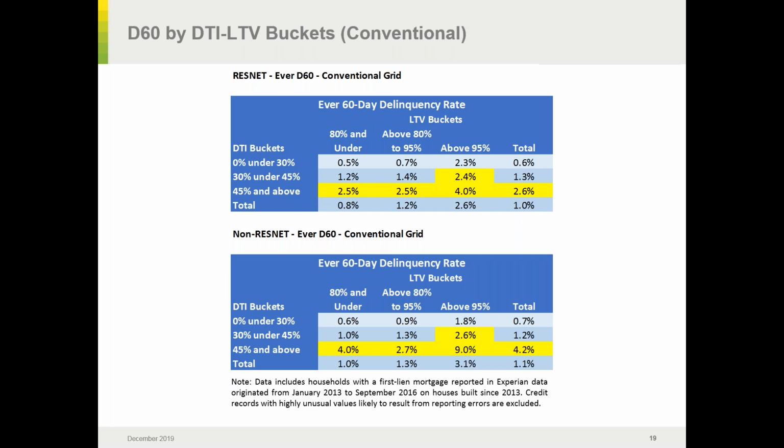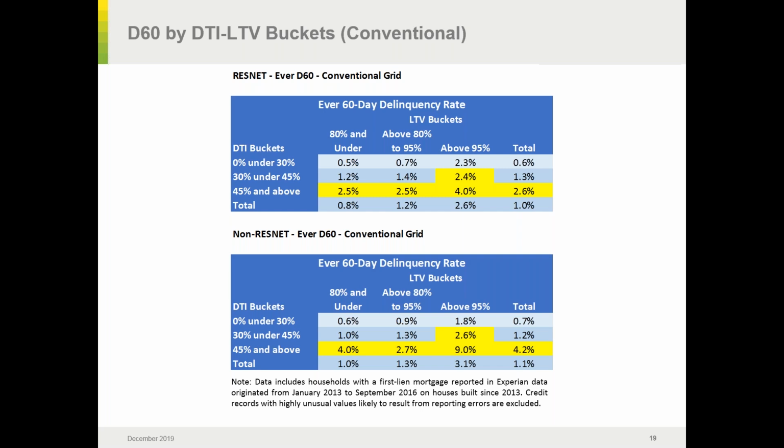What we're finding here, in some of the portions highlighted in yellow, is a consistent story. When I look at the 45% and higher DTI, debt to income ratios, in the RESNET rated space, if I go all the way to the end, it's 2.6% that ever go 60 days delinquent.